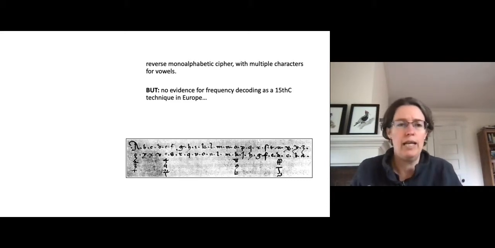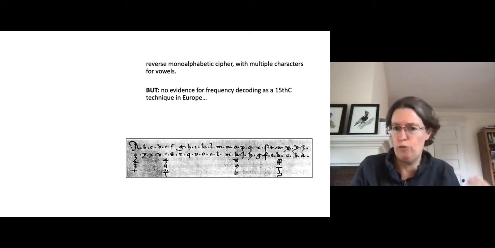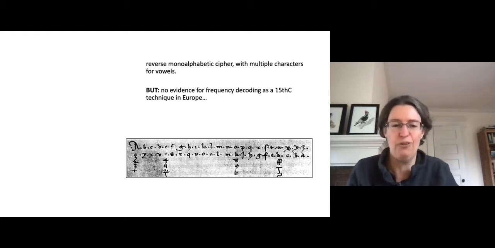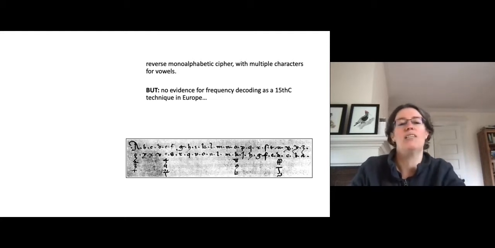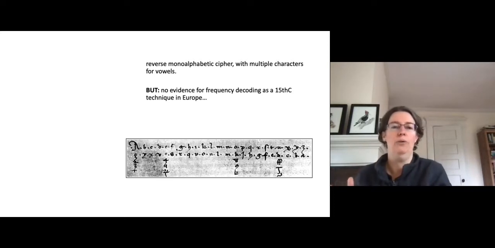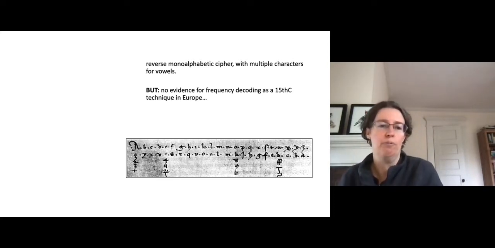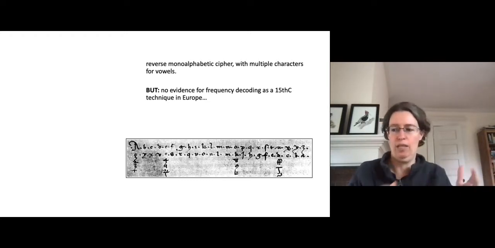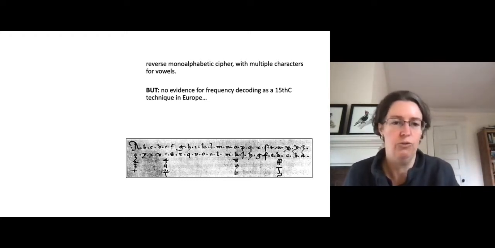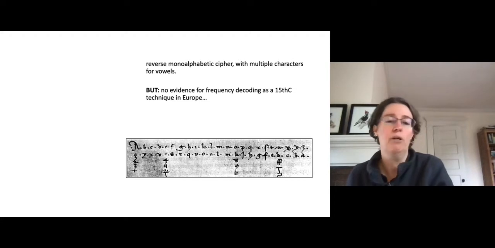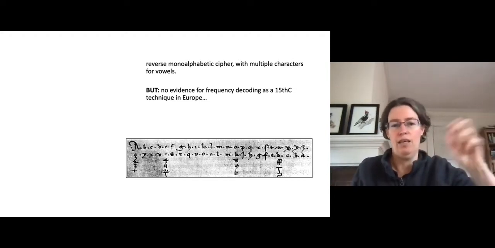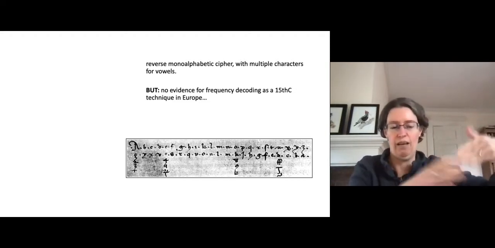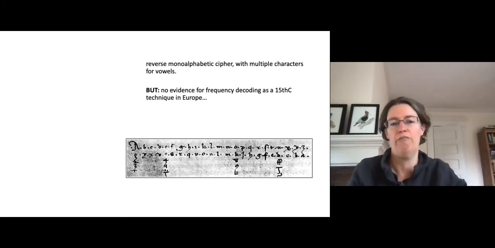An interesting aside is that we don't actually have evidence that in the 15th century, Europeans used frequency decoding as a technique for decipherment. And so it's interesting that they were using ciphers that were frequency decoding proof while simultaneously not really knowing that that was a thing that they could do. So either our knowledge of this is imperfect, or the techniques of encipherment were actually ahead of the decipherment techniques for a while.